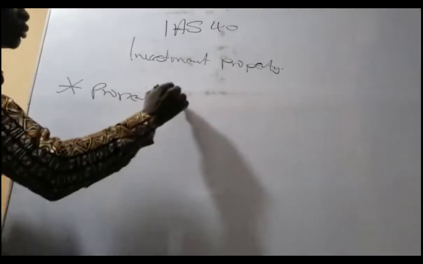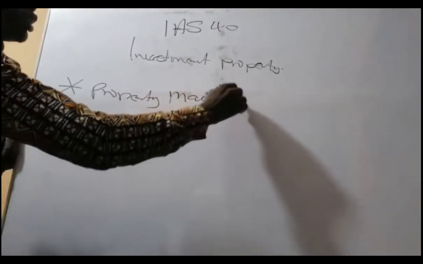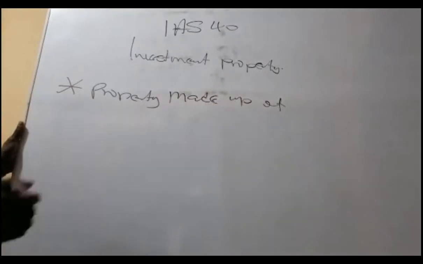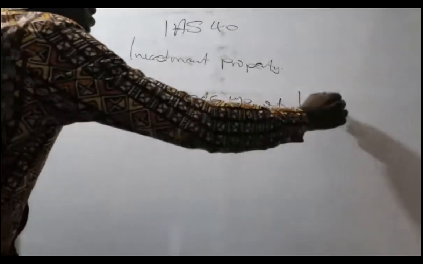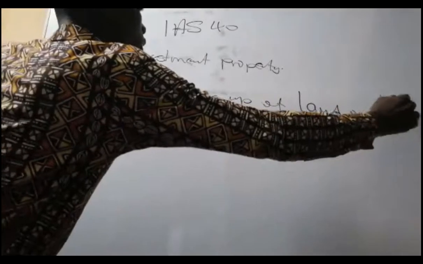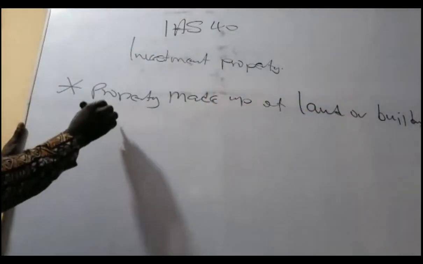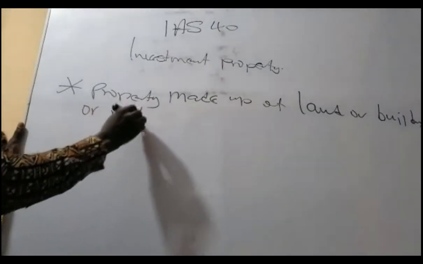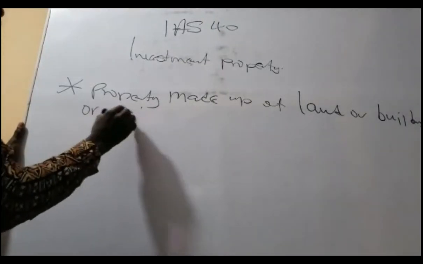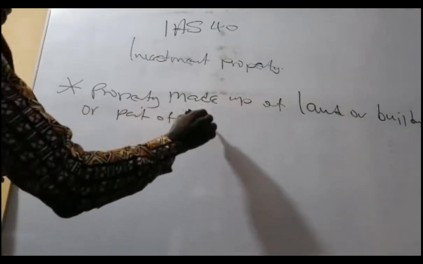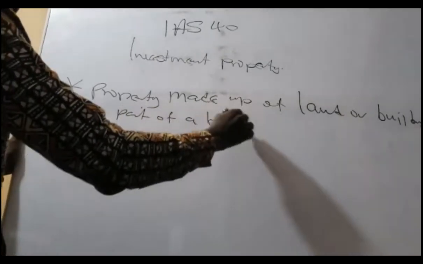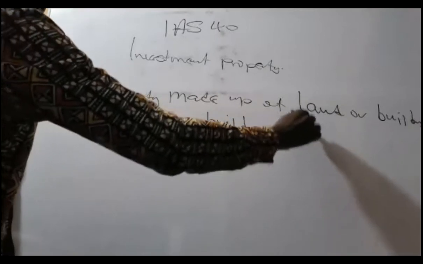So investment property is a property made up of what? First, property, made up of land or building, or part of a building, or both.